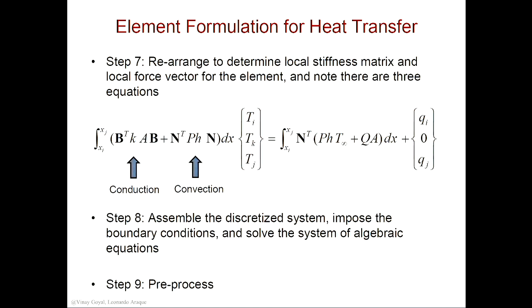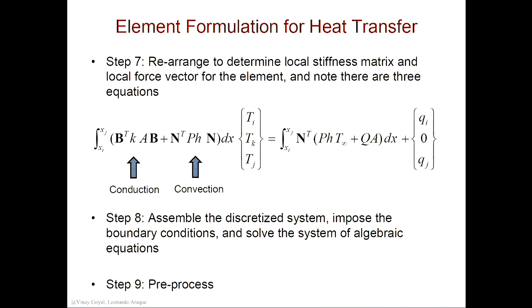Here it is. So that's the stiffness matrix. Stiffness matrix, because we don't have a stiffness matrix in heat transfer, but the equivalent of that is that the first term represents the conduction, the resistance to conduction. The second one is convection, this term here. And then you have Ti, Ti, Tj.